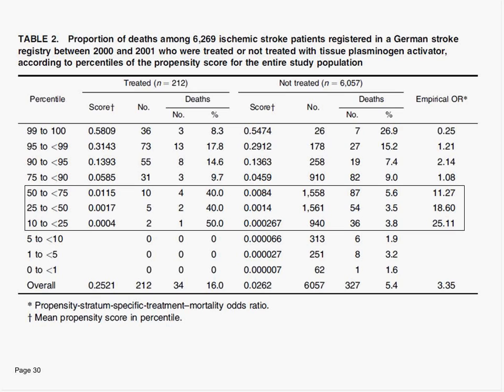So stratification on the propensity score is sort of a natural way to investigate treatment heterogeneity. That's really what we're observing here, that the effect of TPA differs in people who have complications, high propensity scores, than it does among people who have low propensity scores, less clear indications for TPA.